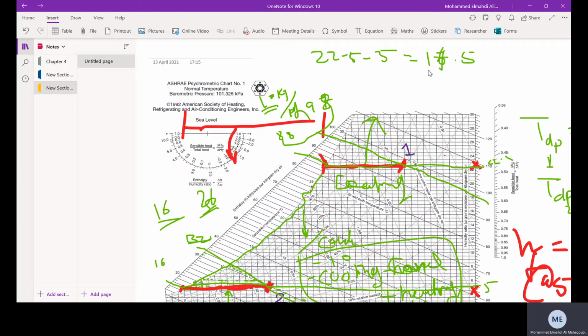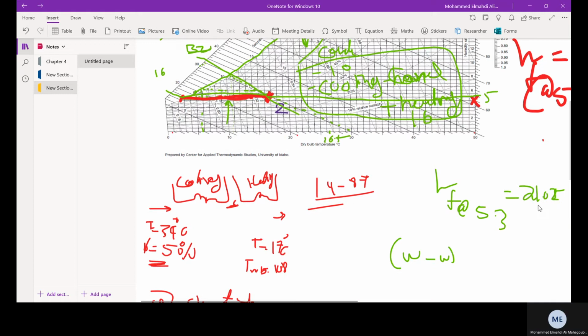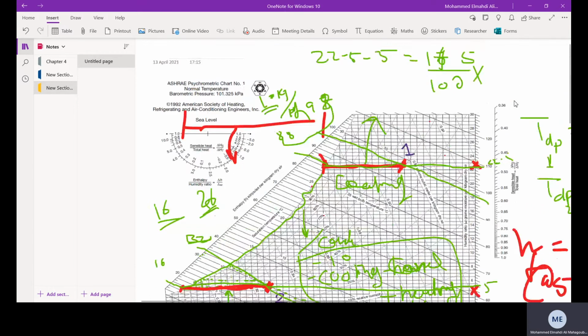And this one you need to divide by 1000 to get kilogram per kilogram. And now this one multiplied by this one. So it is 21.02 times that. Let's see how much is that.